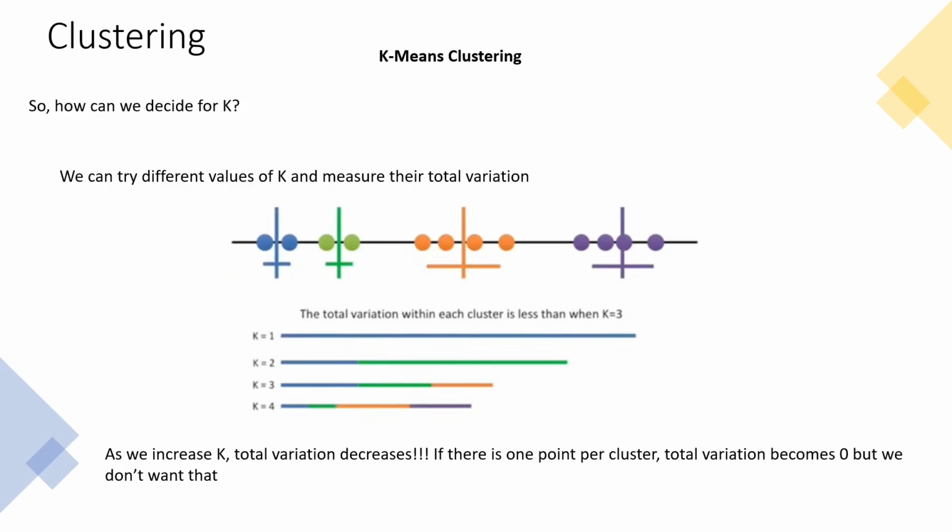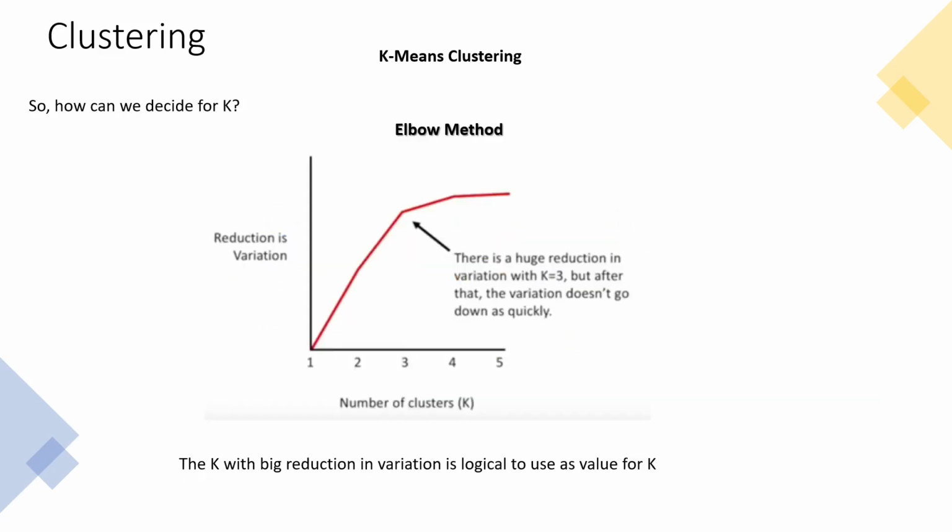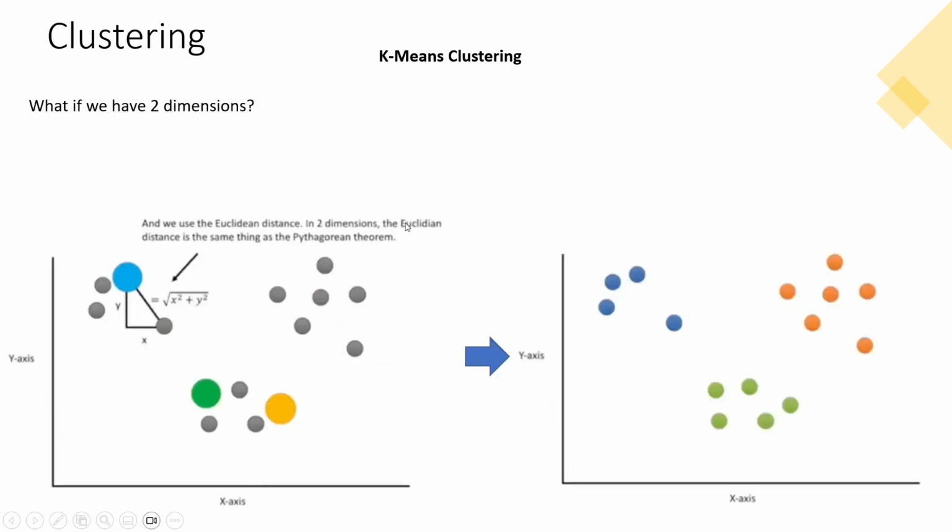Because if you select k as 1, then the total variation will be pretty small. So with the elbow technique, basically you look for an edge something like this, okay? For this example, when k is equal to 3, you have this edge, this breakdown, okay? So it's a logical idea to choose k as 3 by just using this elbow method, okay?